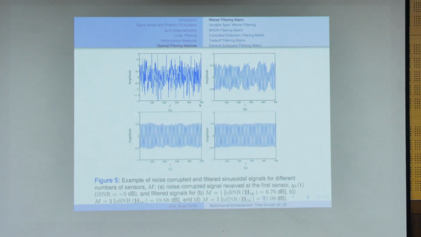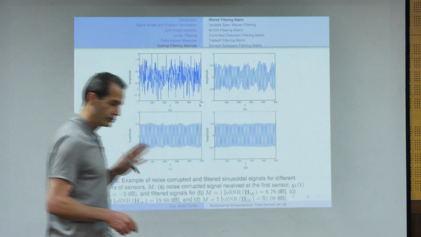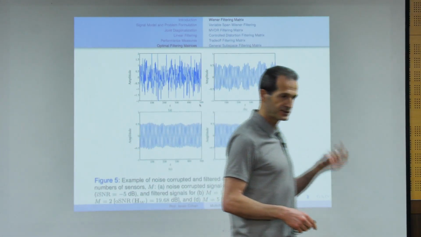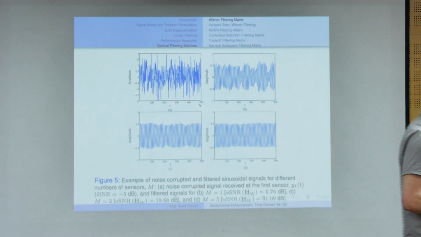I didn't try to estimate A and F0, the amplitude of the signal and the frequency, and the phase. I only applied the Wiener filtering matrix, but I used this information of A, F0, and the phase.